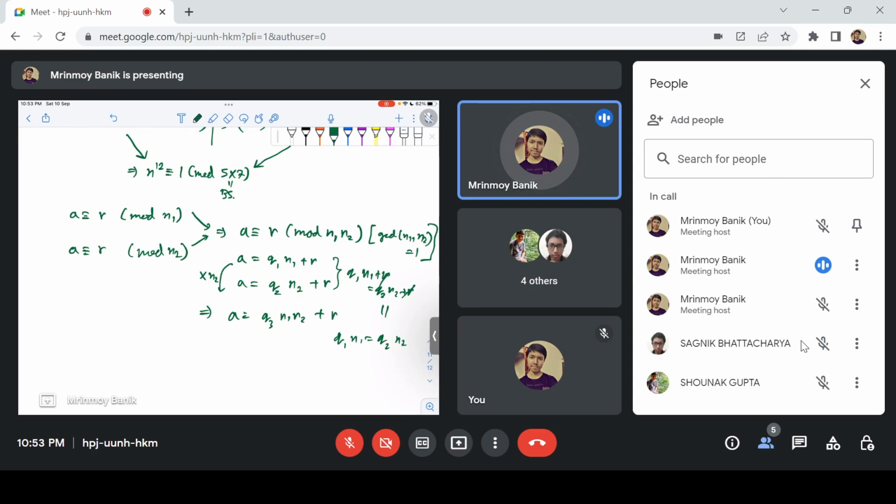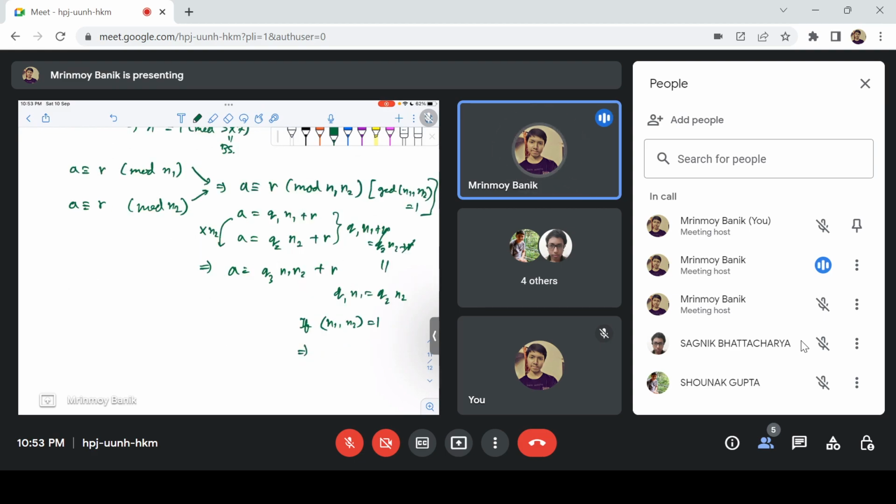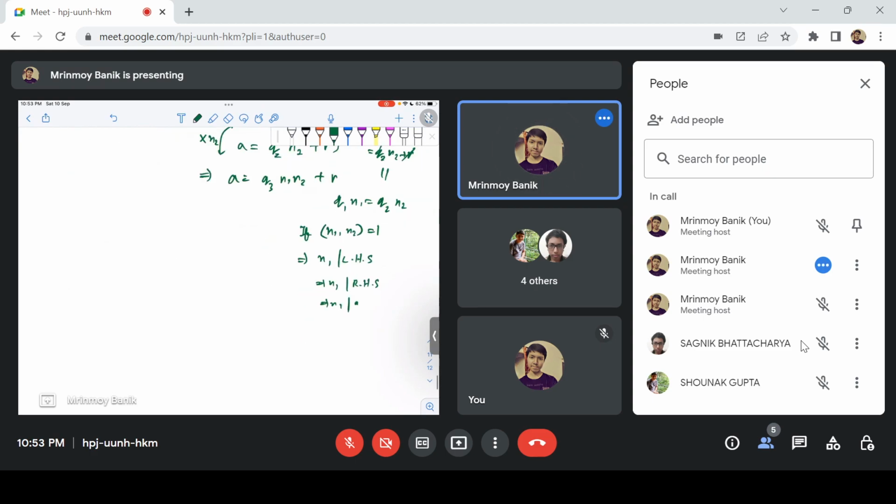Now observe, if N1 and N2 have a GCD of 1, that implies N1 divides the LHS, which implies N1 divides the RHS, which implies N1 divides Q2 times N2.